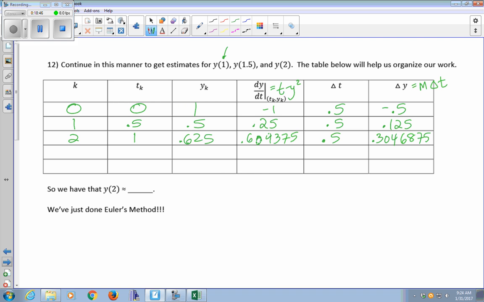That's it. So my next step, line 3 here. My new t is my old t plus my change in t, so I'm going to be at 1.5. My new y is my old y plus the change in y, so 0.625 plus 0.304 and so on is 0.9296875.